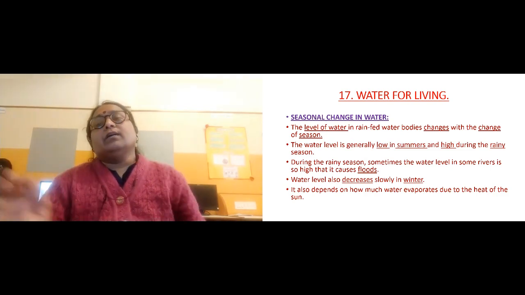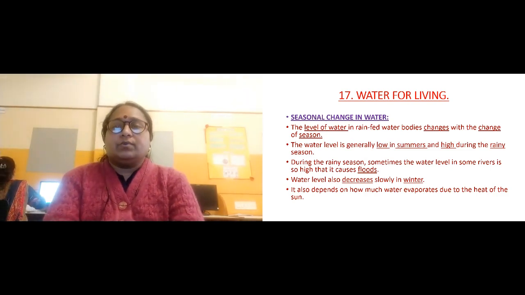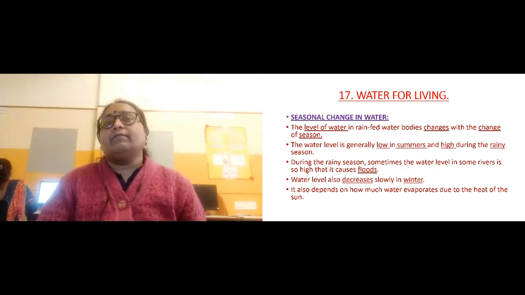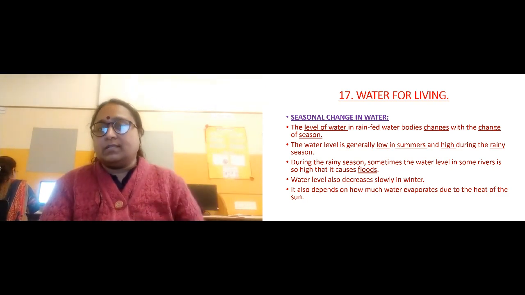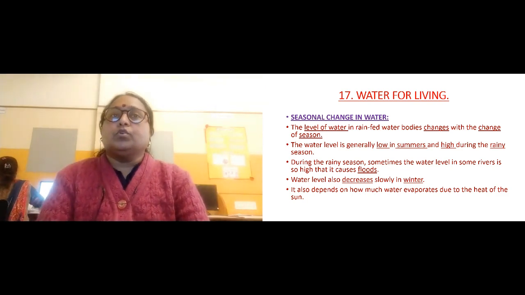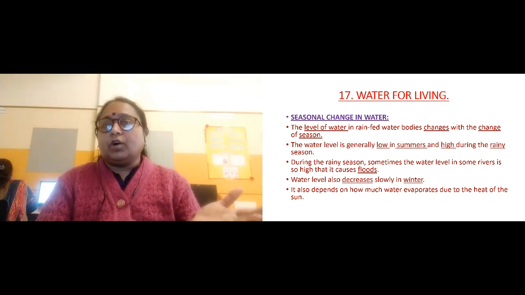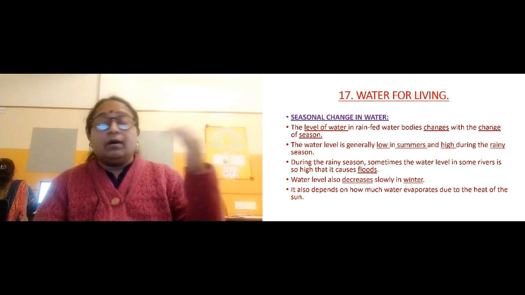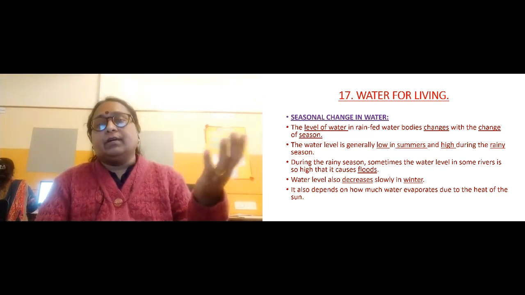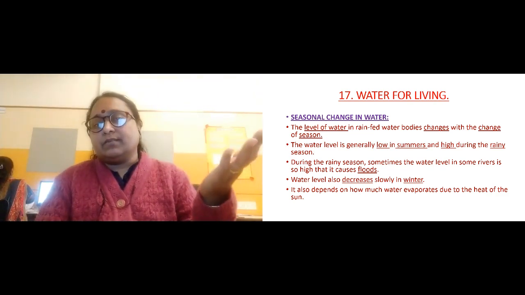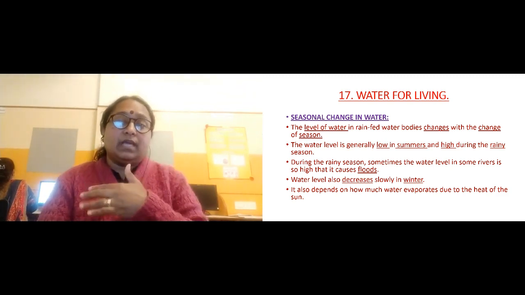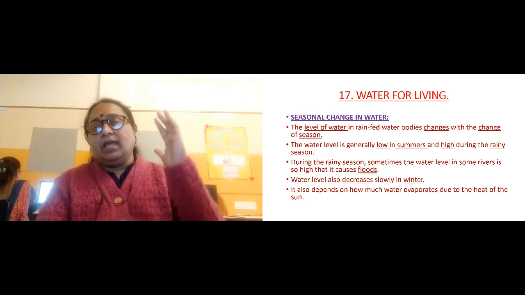Next we'll be seeing about the seasonal change in water. The level of water will not be the same in all seasons, because most of the water bodies are rain fed. Once there is rain, the water level in rivers, oceans, lakes, ponds and all increases.